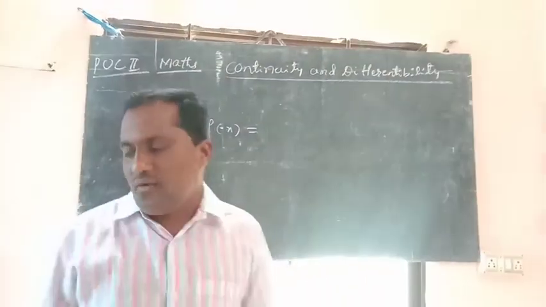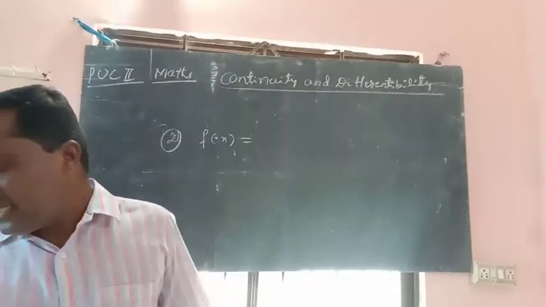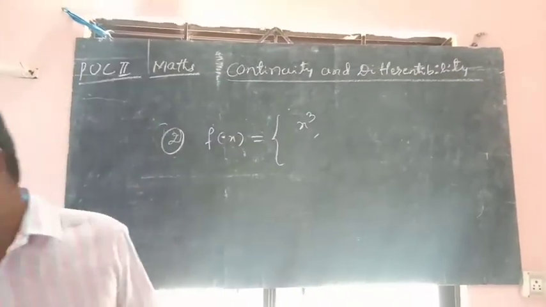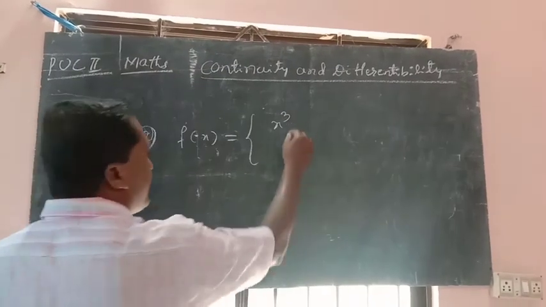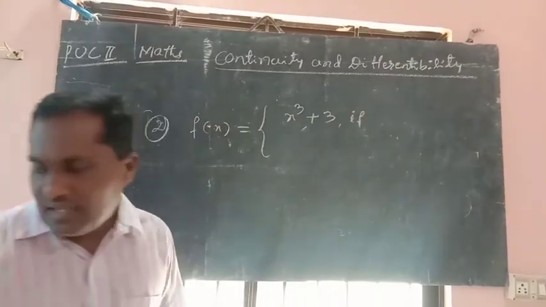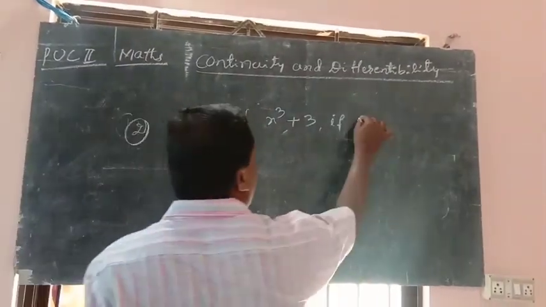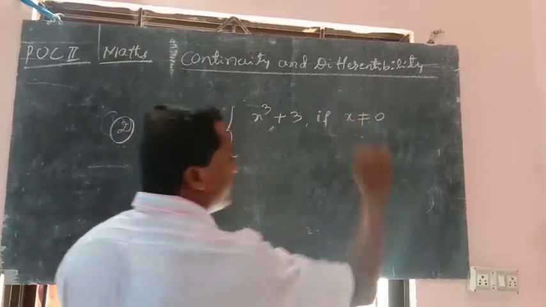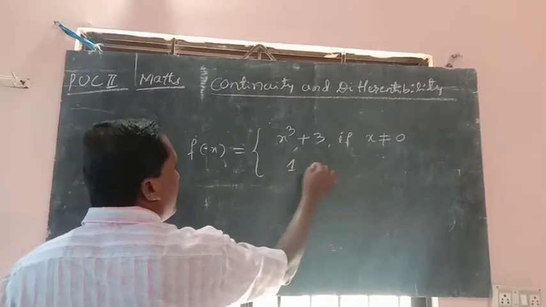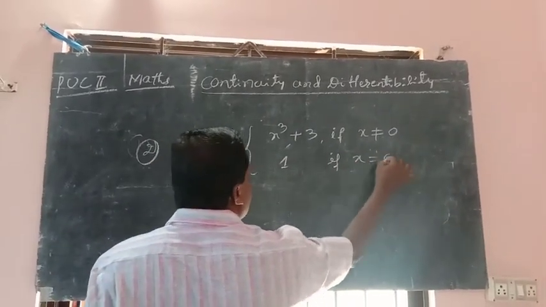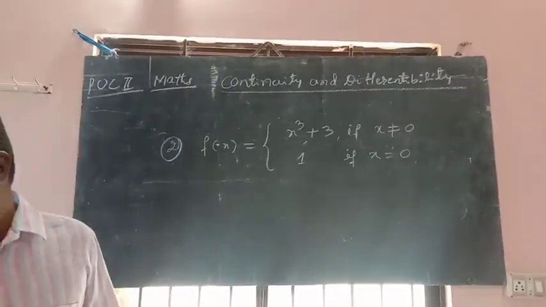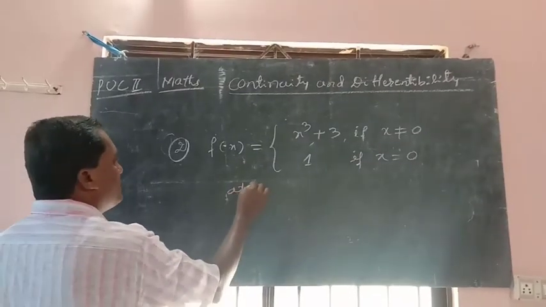Second example: f of x is equal to x cube plus 3 if x is not equal to 0. Here, this is one function. Similarly, the other function is 1 if x is equal to 0. Whether this is a continuous function or not at x equals 0.